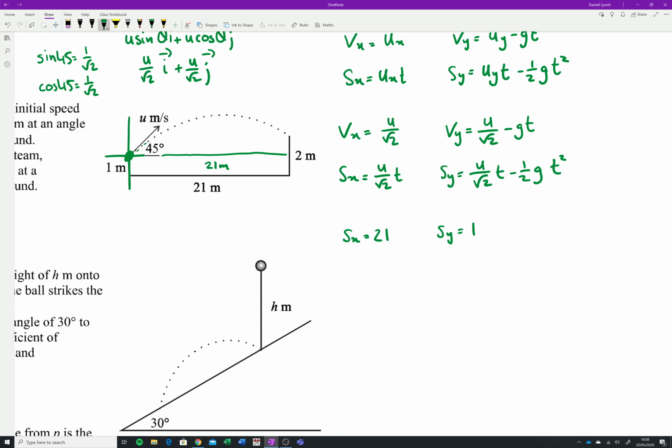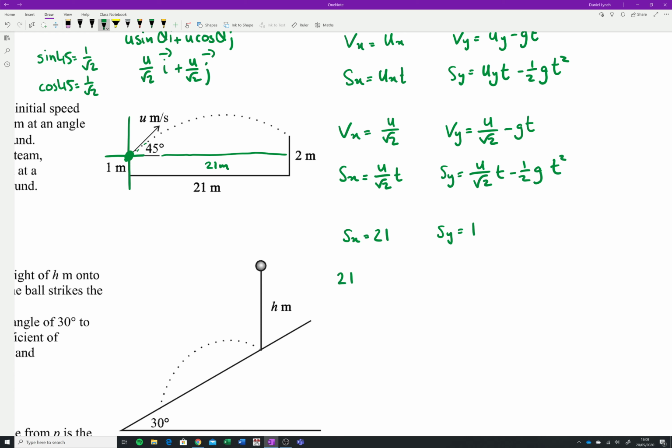So when Sx is 21, Sy will be 1. That part we're sure of, that the t value will be the same in both cases. The time when it has traveled 21 meters along the x-axis is the time when it will be 1 meter high.